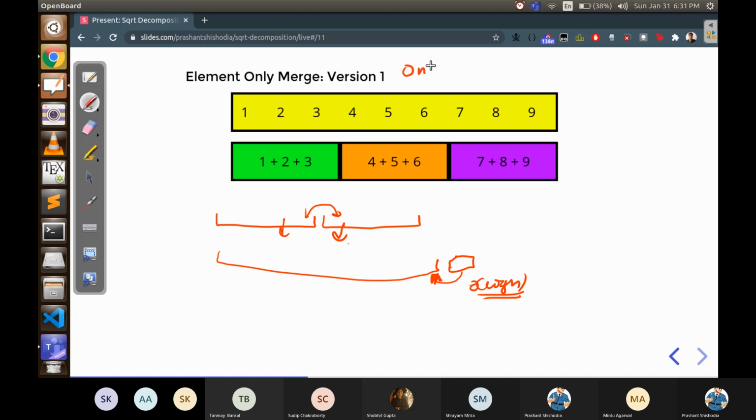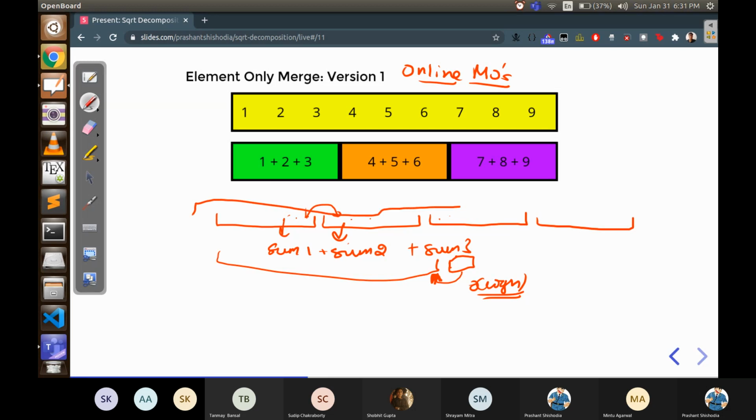I usually call it online Mo's, but it's not Mo's actually, though I have got used to calling it that. So whatever. I've started to call it element-only merge, because in normal square root decomposition you have to merge the ranges. When you do sum 1 plus sum 2, you add the sums of all the ranges, and then you have to extend these ranges to these blocks.